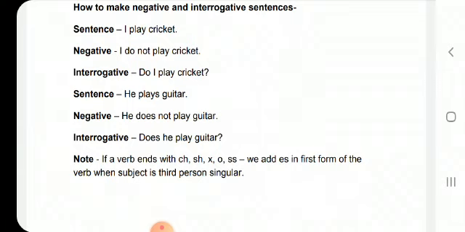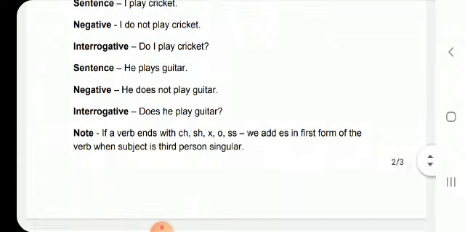It is interrogative. And remember that if a verb ends with ch, sh, x, o, and double s, we add es to the first form of the verb when the subject is third person singular in simple present tense. Third person singular means he, she, it, or any proper noun.